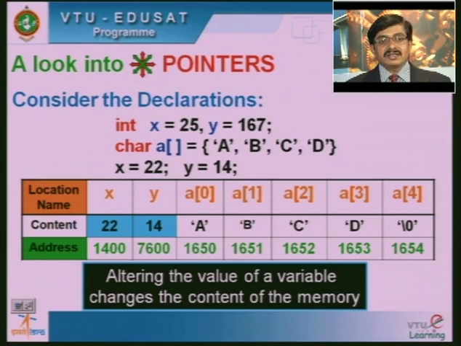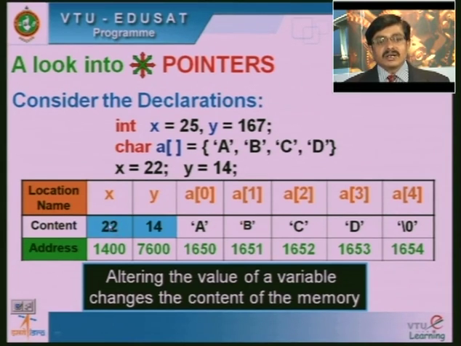So altering the value of x means what? It goes to the exact memory where it is stored, and the content will be overwritten there. Earlier it was 25, now it has been changed to 22. The older data is overwritten, and here also earlier it was 167, now it got overwritten with the value 14.